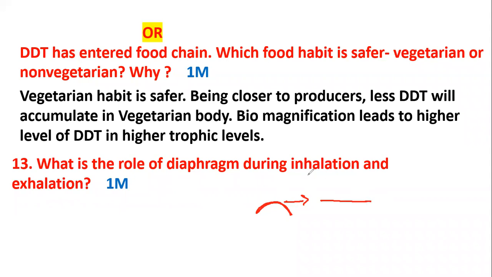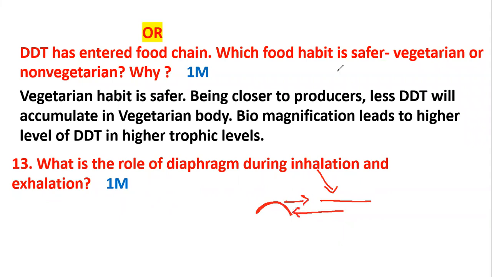This is the inhalation. Again, when you exhale, the air comes out from the lungs and they will become in a normal position. Then again, the straightened diaphragm becomes dome shape.